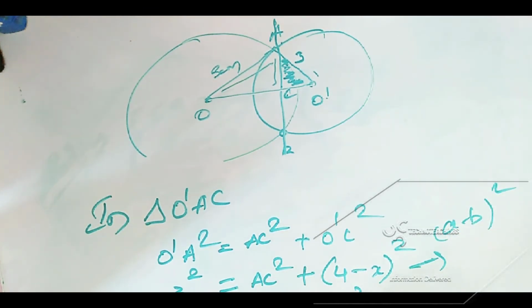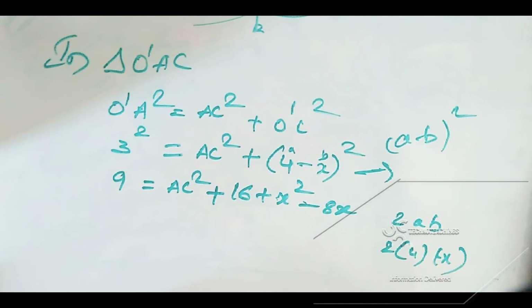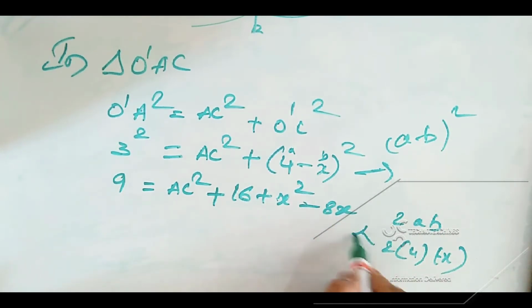So a square means 4 square, 16, plus b square, which is x square, minus 2ab, 2 into 4, 8x. So 2ab means 2 into 4 into x. 4 twos are 8, and 8 is multiplied with minus x, so I got the value 8x.